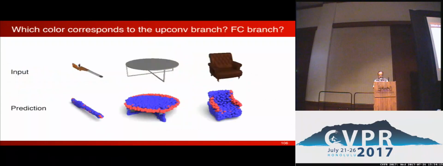And here's an example of what happens with these two branches. Of the 1,024 points, we pre-allocate, I think, 768 to the smooth branch and 256 to the intricate or non-smooth branch. And here the smooth area is shown in blue in the reconstruction and the non-smooth in red. And you can see that the red captures the edges, the extremes of the shape.